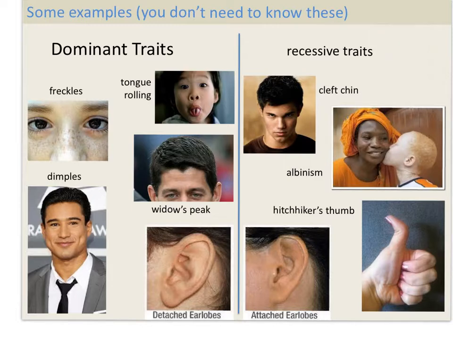Like height, there's a whole bunch of genes that affect height, and each one adds a little bit to the effect. Okay? So, it's not like you have one gene for height, and if you get one from mom, and her family is generally bigger than dad's, then you might be tall. It doesn't work that way. There's many, that's called polygenic.